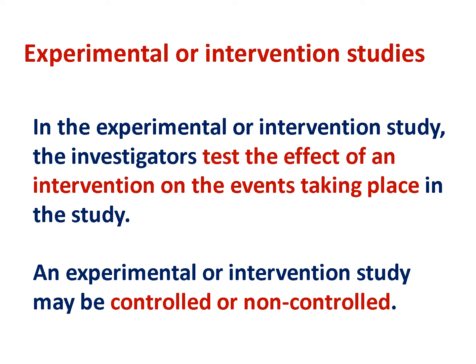Experimental studies are otherwise known as intervention studies. In an experimental or intervention study, the investigators test the effect of an intervention or a treatment on the events taking place in the study. So there are some dependent variables, otherwise known as outcome variables, and there are some independent variables.